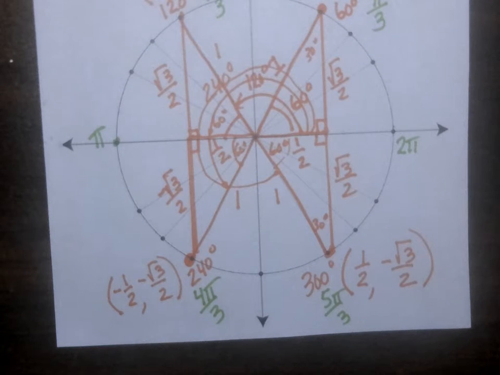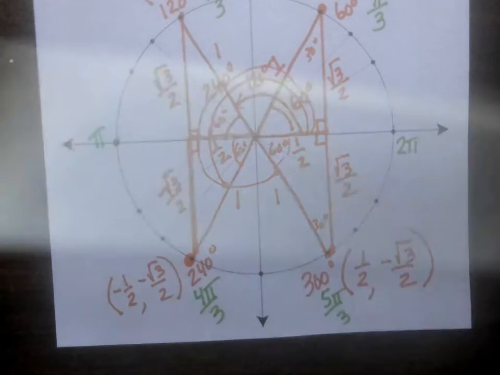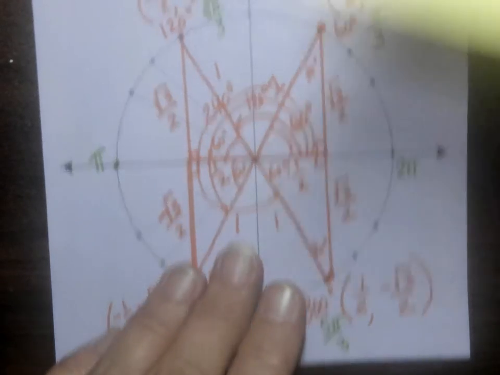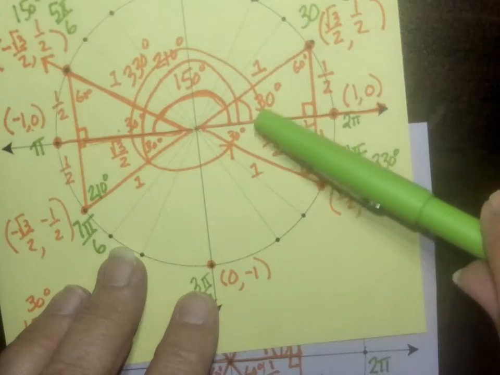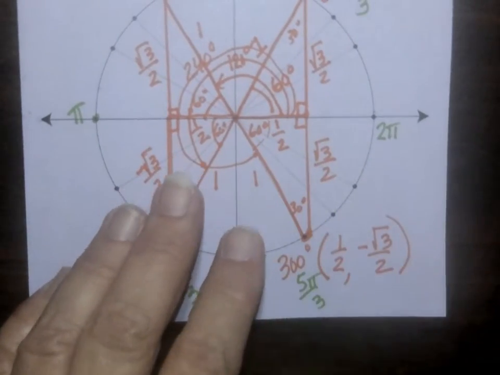Alright, and then next we want to take the green unit circle that we've passed out. So we've done a reference angle of 30. We've done a reference angle of 60.